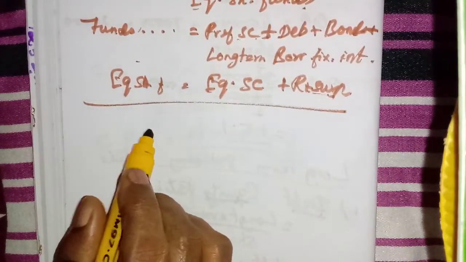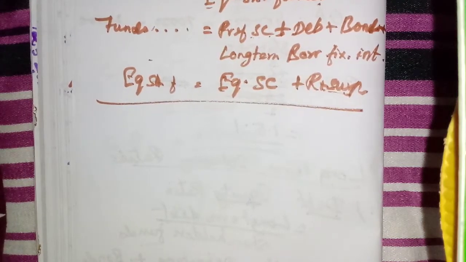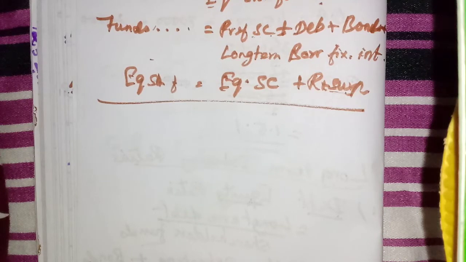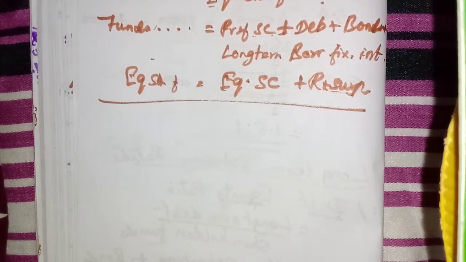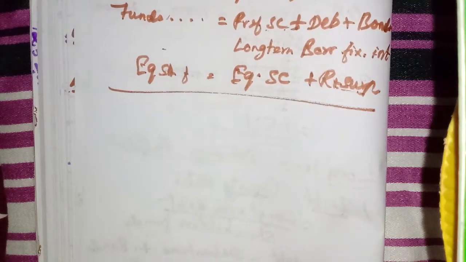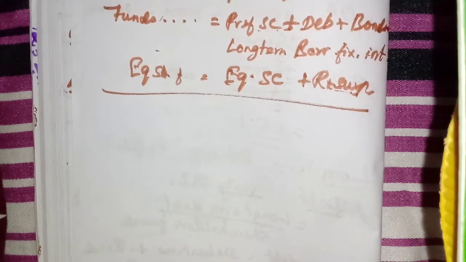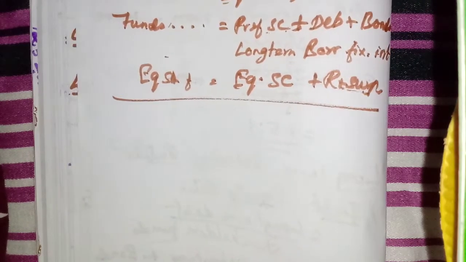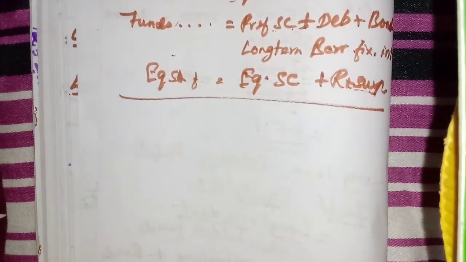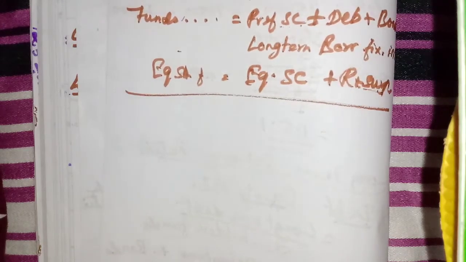Third exercise. Turn to page number 321. The third one we have not done. Now we will do the fourth one: debt equity ratio, then proprietary ratio, capital gearing ratio.